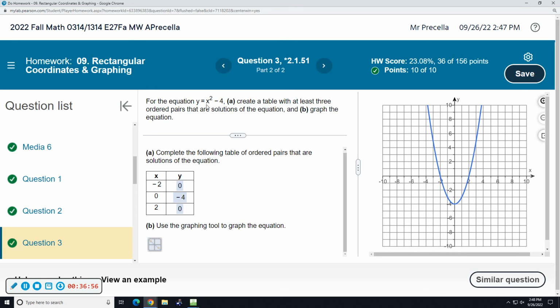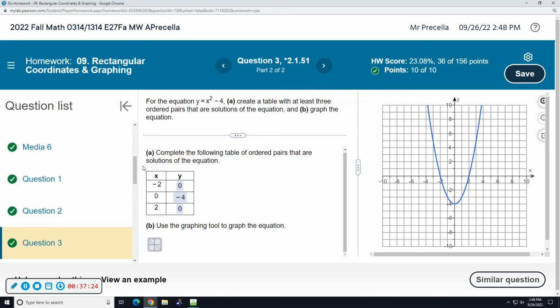I don't see a number there in front of x squared, so what do we assume that coefficient is? If you have a letter without a number in front, 1. It's positive. If the leading coefficient is positive, the parabola will always open upward. Now, if the leading coefficient is negative, it's going to open downward.